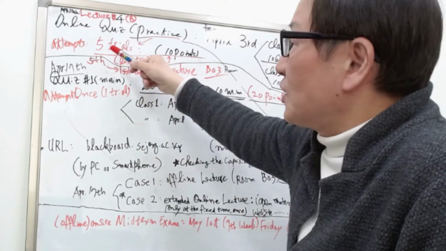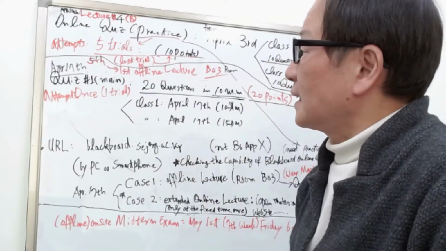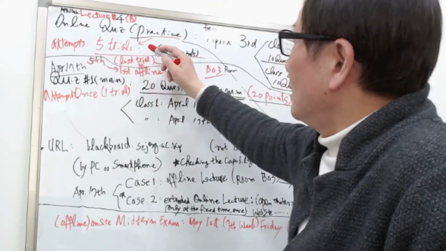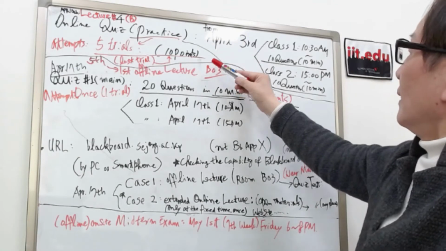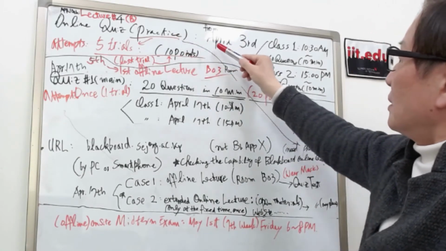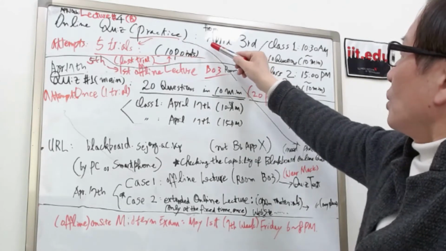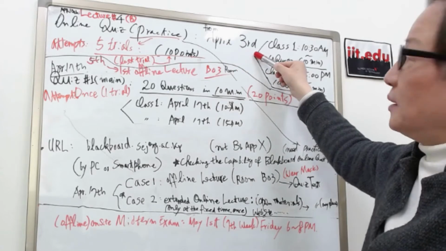Later I may change it a little bit, but at this moment 5 trials is the maximum attempts to get this practice test. And that practice quiz test will be available after April 3rd.